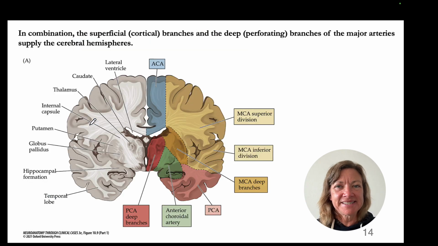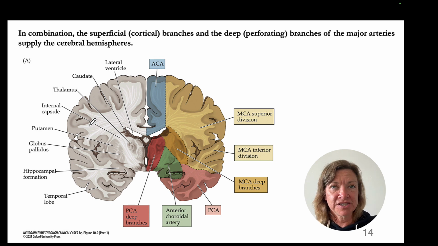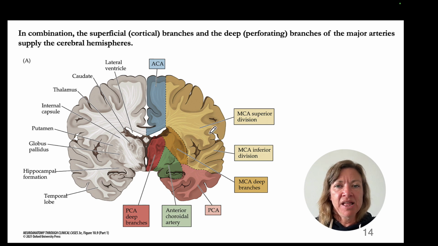Now, if we look in sections, we can see that together, the superficial or cortical branches and the deep or perforating branches supply the whole cerebral hemisphere. And so there are schematics like this that show you, for example, that the superior and inferior divisions of the MCA supply the light yellow shaded region here, while the deep branches of the MCA supply this dark shaded region.